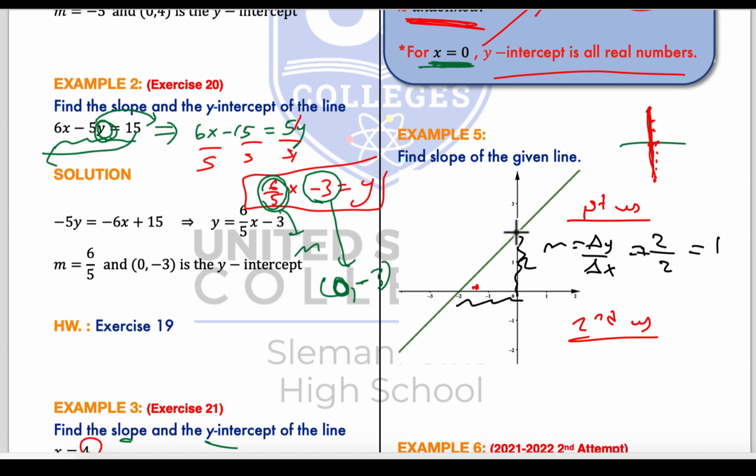So (0, 2) is a clear point. Oh, my pen is not working, sorry. This is a point which is (0, 2). This is another clear point, (-2, 0). So if you know 2 points, you can apply this rule, y2 minus y1 over x2 minus x1, and find the slope.